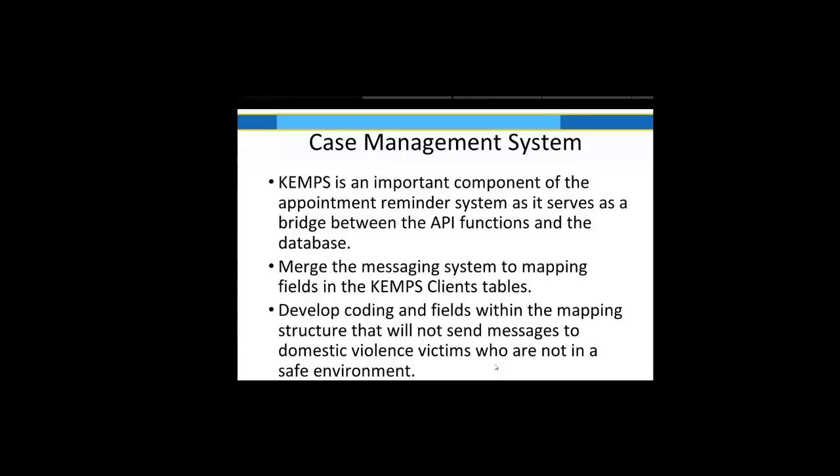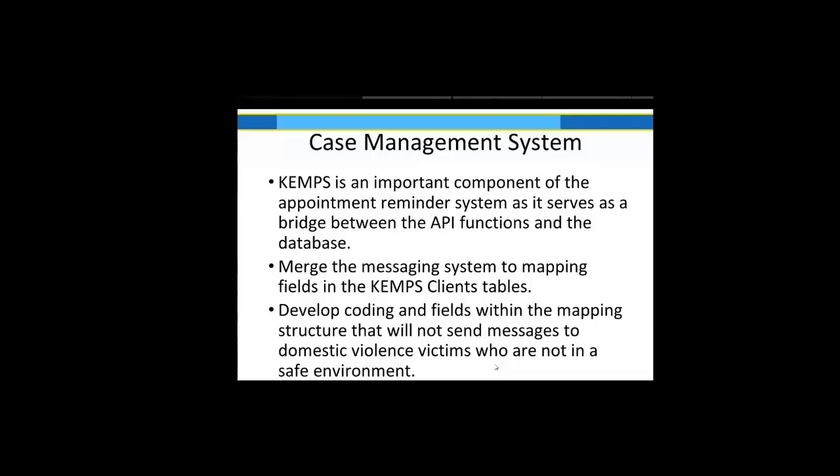And so within that system, we wanted to be able to build error checking, as well as build fail-safe mechanisms. For example, we want it to be sensitive to the needs of our domestic violence victims.